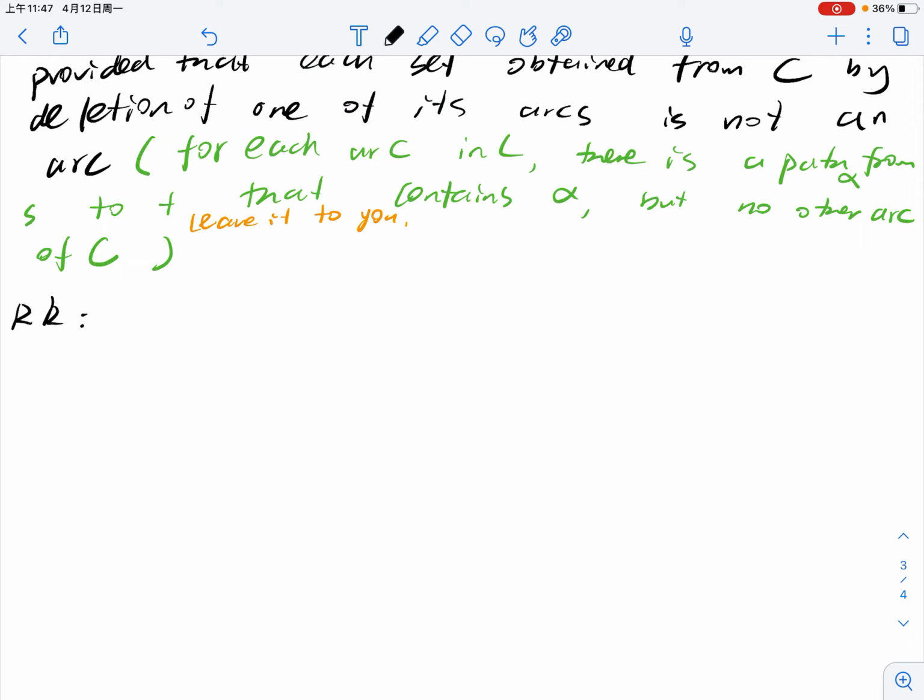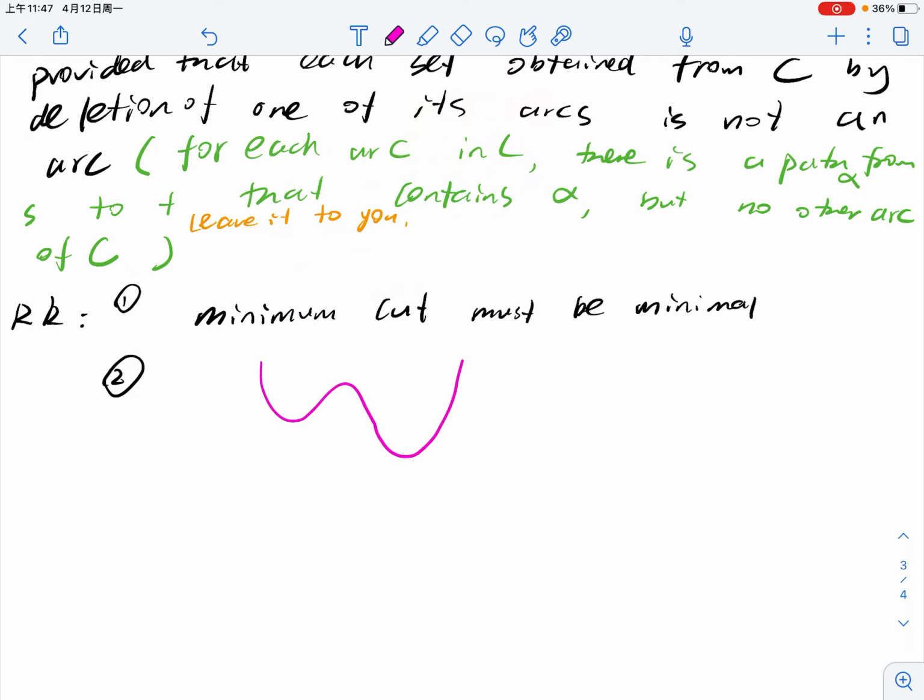This criterion is very useful. And also, I would like to make two remarks. So first one, minimum cut must be minimal. And secondly, what's the difference? If I draw a picture, probably you can have some feeling. So these two can be viewed as minimal because locally, by deleting one arc, you cannot get a smaller cut.